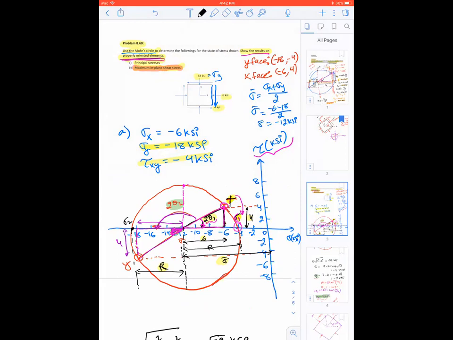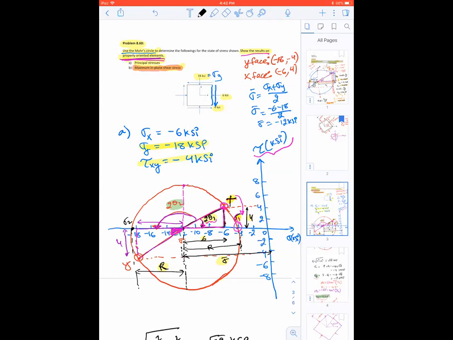So if I move from my x face, my tau max is plus minus r.